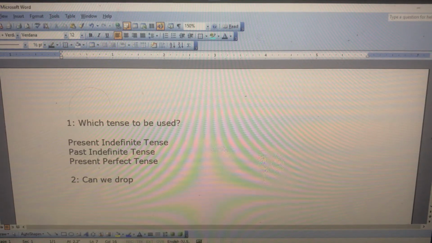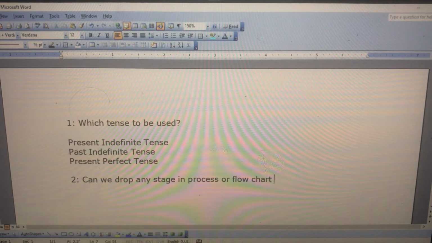Another very important question. Normally students ask me, can we drop any stage in a process or flow chart? Students, I told you earlier that in a line graph and bar graph, where something is non-stop increasing, I said don't discuss every stage, discuss the first and the last.